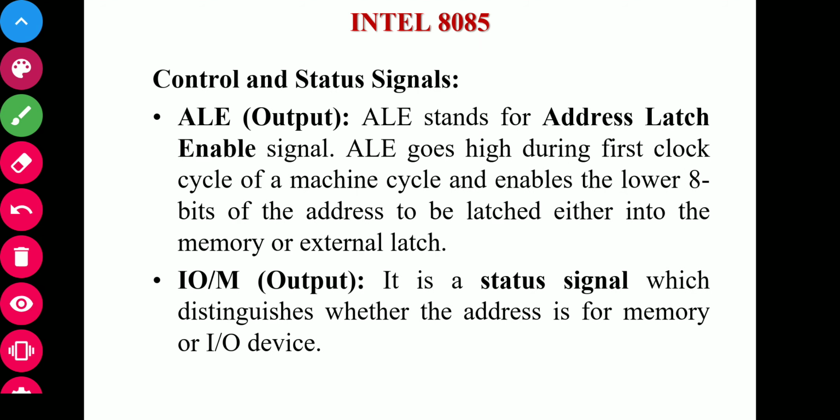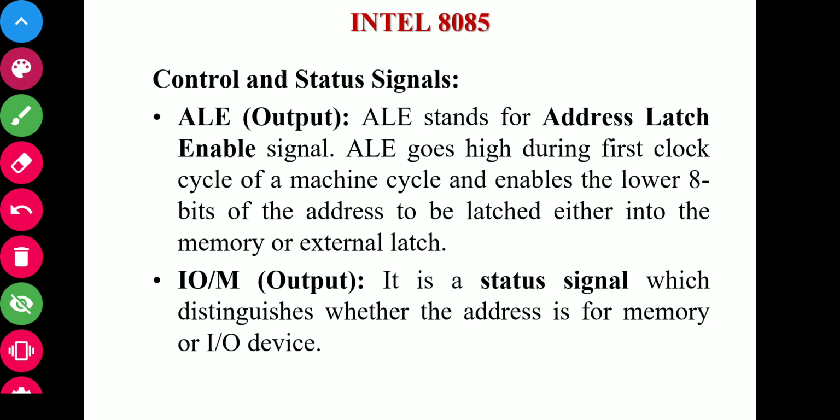Then control and status signals. ALE. ALE stands for address latch enable signal. ALE goes high during the first clock cycle of a machine cycle and enables the lower 8 bits of the address to be latched either into the memory or external latch. Then IO/M, where IO is input and output, and M is memory.